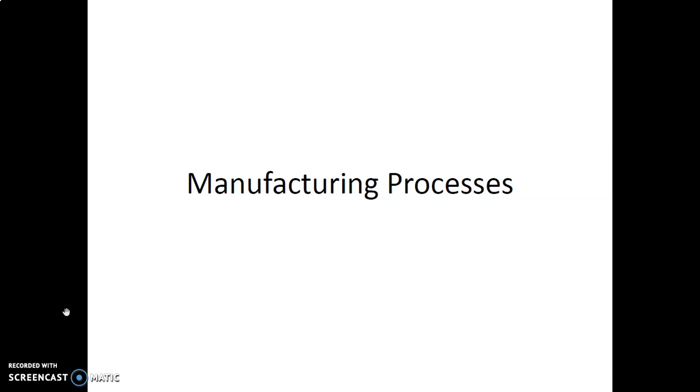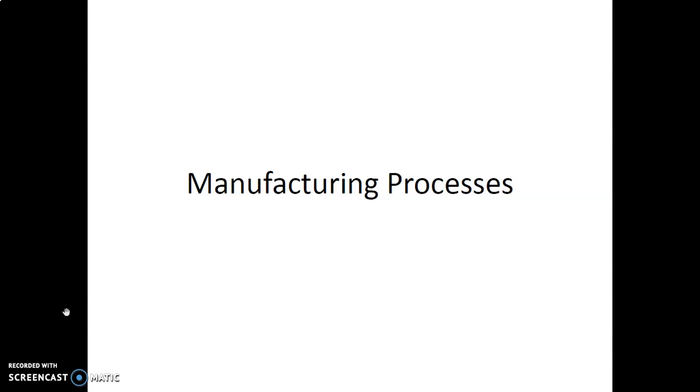In some cases, if you are talking about a car or aeroplane, you may have some composite parts. So we have lots of parts and lots of manufacturing processes, but we have to understand which process is suitable, and obviously its main aim is to be economical and allow mass production.